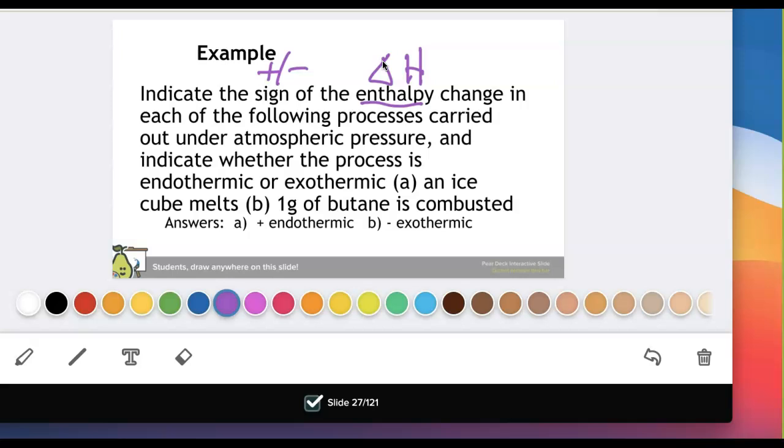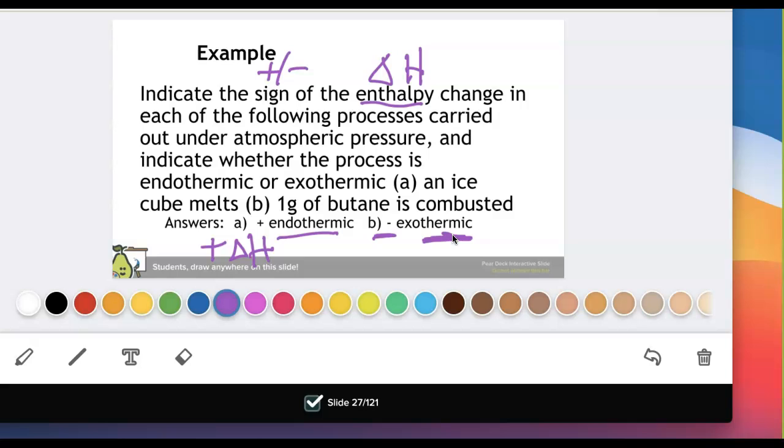So an ice cube melting would be a positive delta H, and because heat is going in, that's endothermic. Whereas if you blow something up, heat is released, combustion, given off. It feels hot to us. So the sign is negative because heat is lost and it leaves. So it's exothermic, heat exiting.